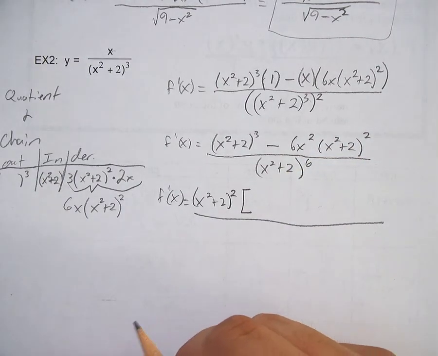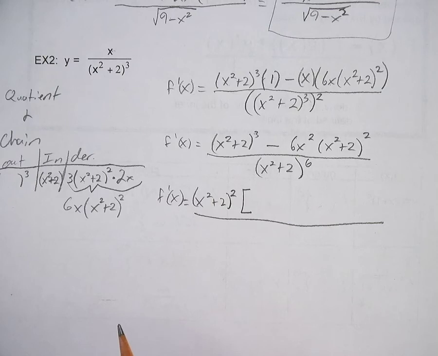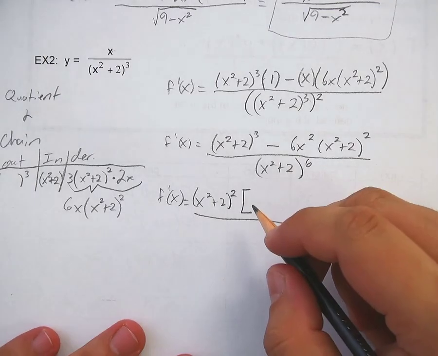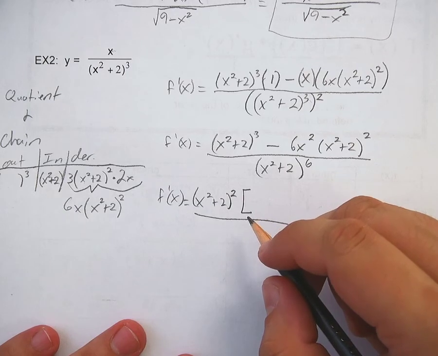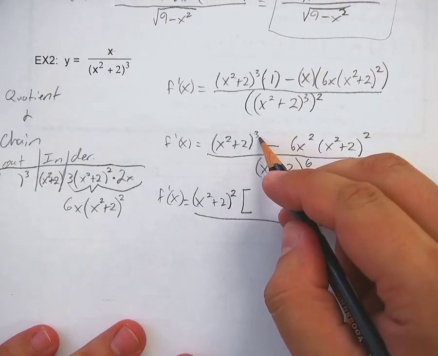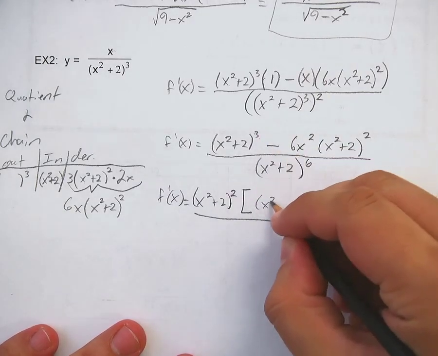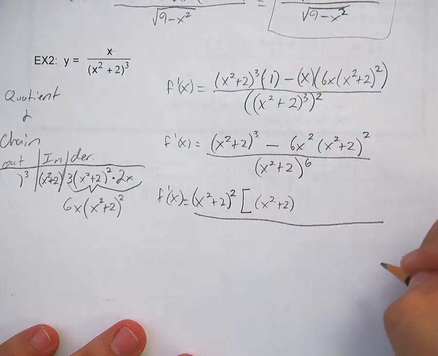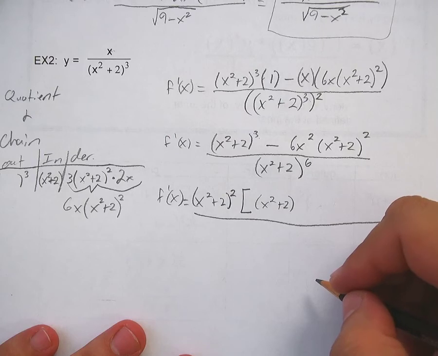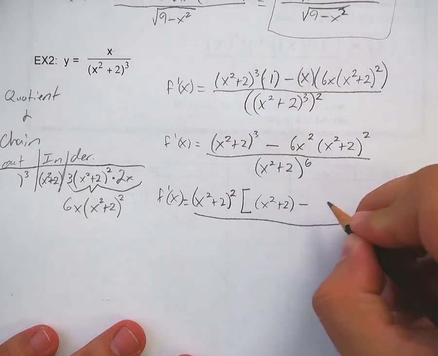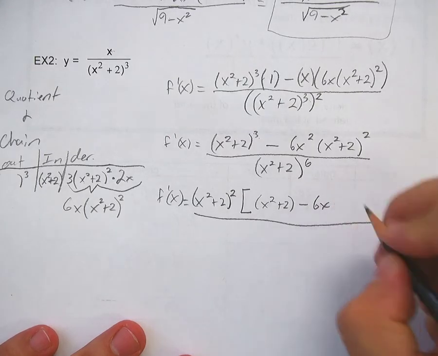I am going to take out 2 of these guys from the top. What is this going to be here? It's going to be, if I took 2 of them away, x squared plus 2. Just one of them now, right? Minus 6x squared.